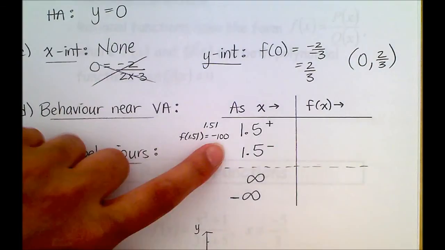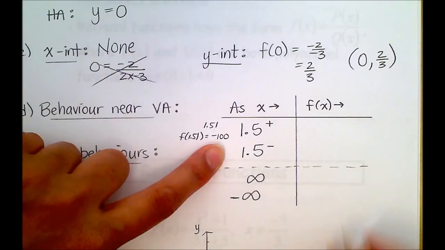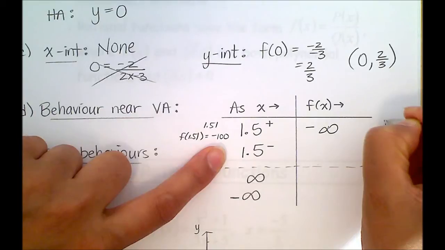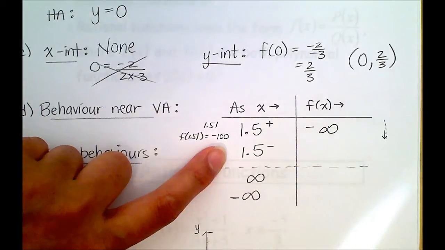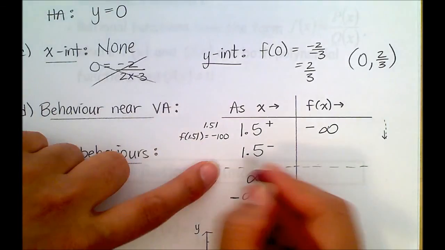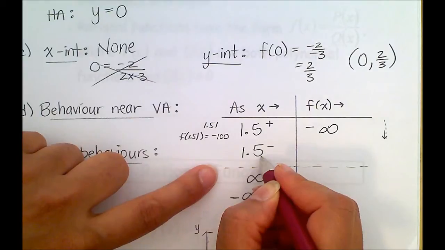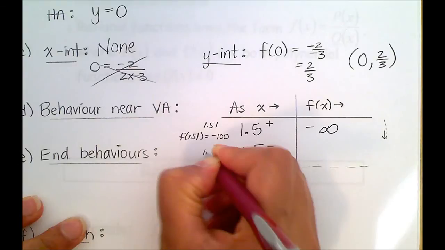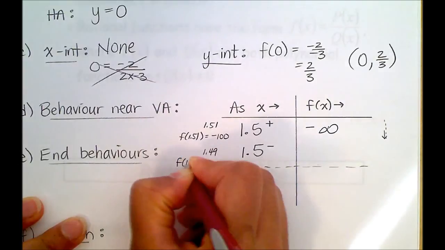So it's probably approaching negative infinity. It's going downwards. If I choose a value of x that's slightly to the left of 1.5, something like 1.49, and I evaluate f of 1.49, I end up getting an answer of about positive 100.